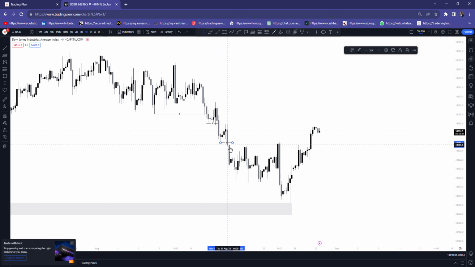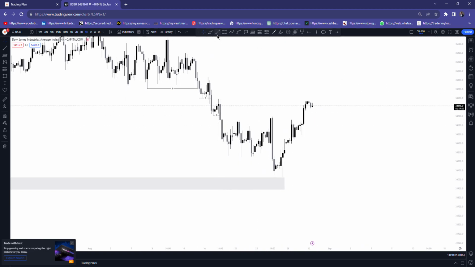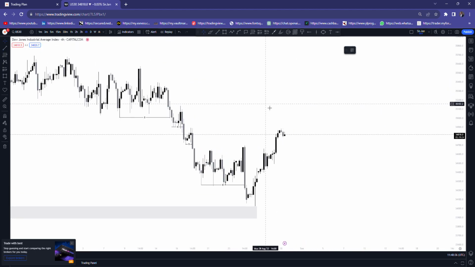I'm just doing this for the sake of the video. In most cases, I just focus on the recent movements. So we have this, then we have this major one here. This is the major bearish break of structure.